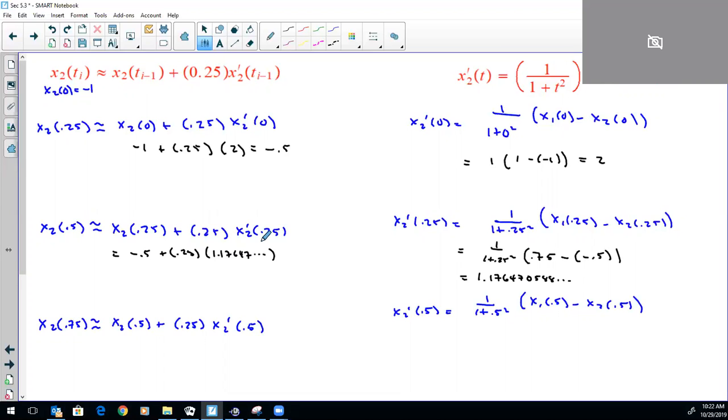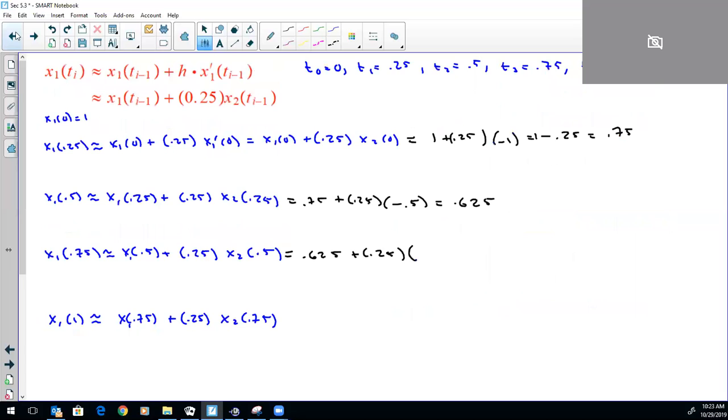Okay. So this is negative 0.20588. Okay, that's x2 of 0.5.